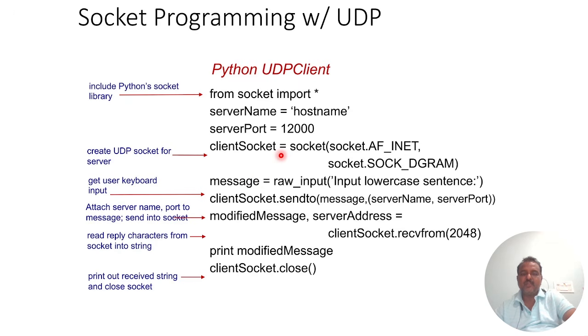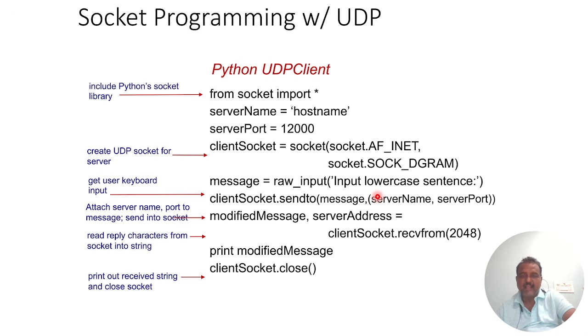So where is my socket now? We are going to send the data through the socket to the server. Which is the server now? This host name is treated as my server, along with the server port. So we are going to send this message from this socket onto the server.